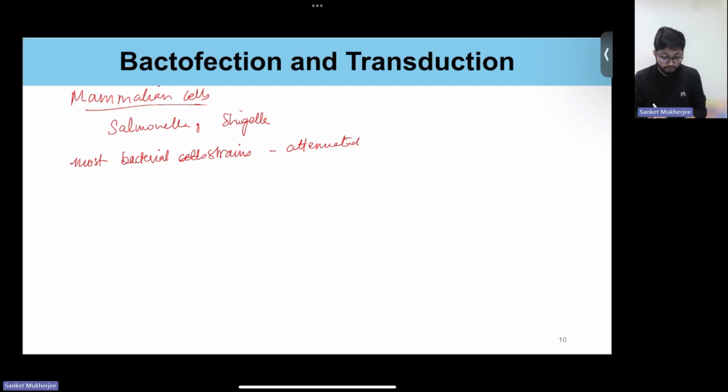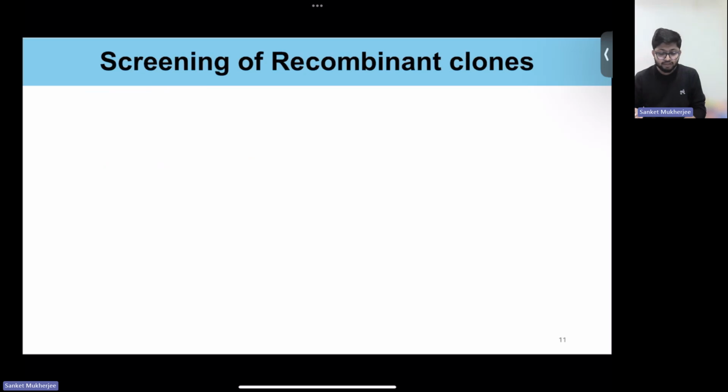For bacteriophage transduction we use viral cells. So we use phages, bacteriophages. Then comes the screening.